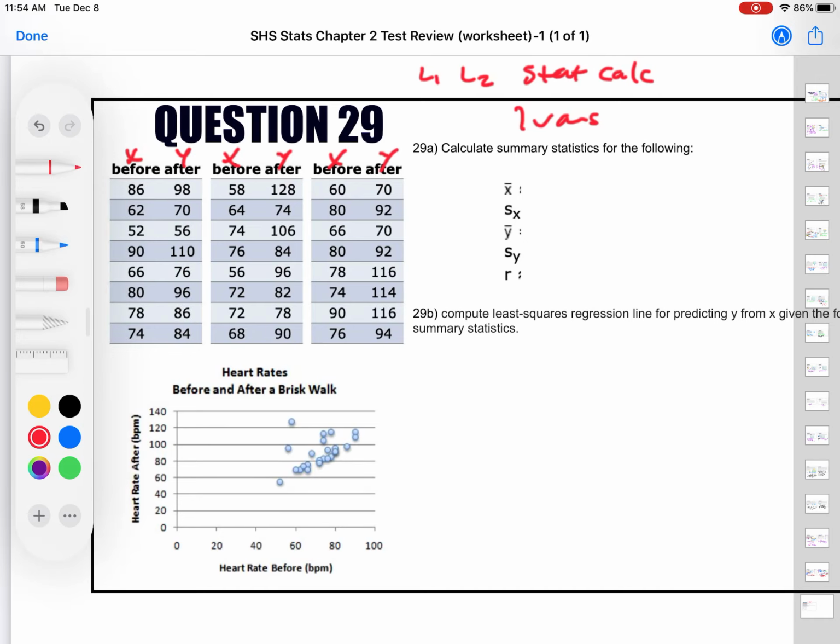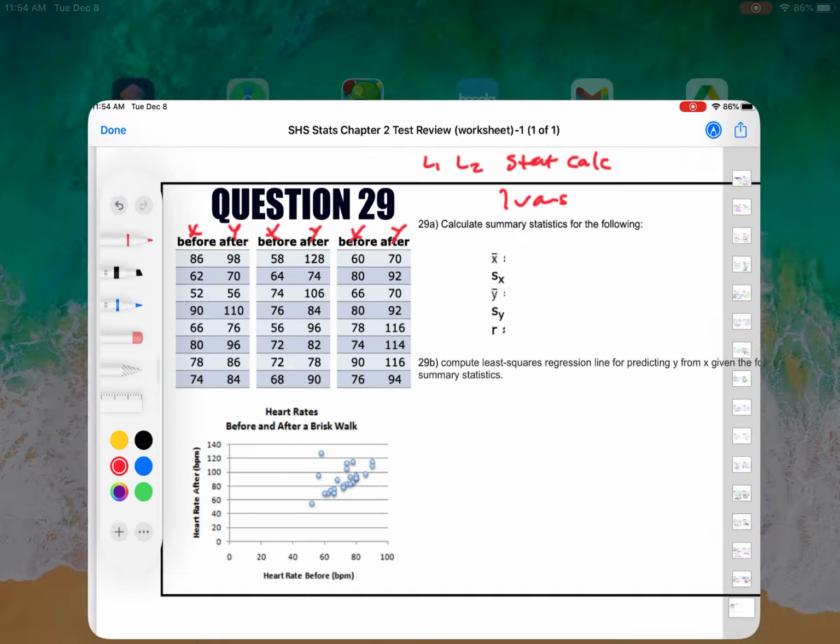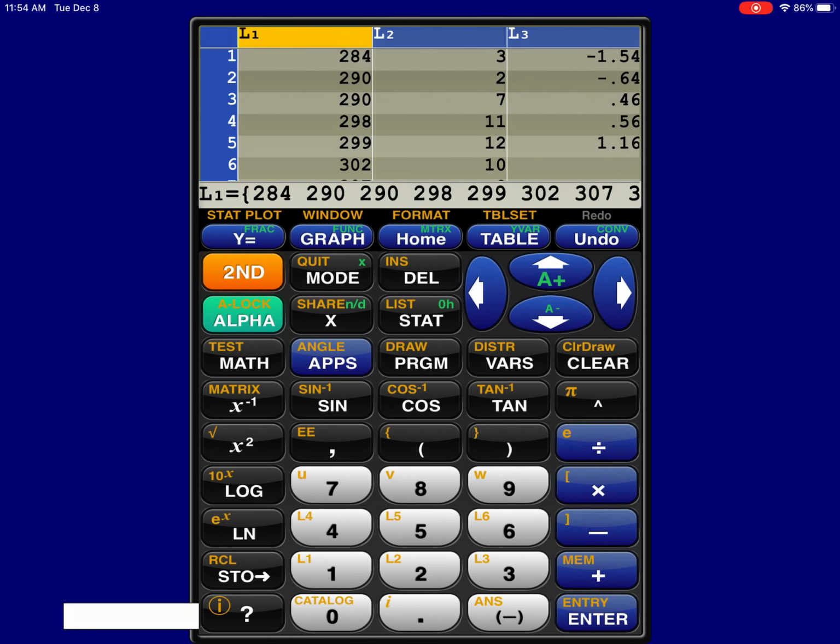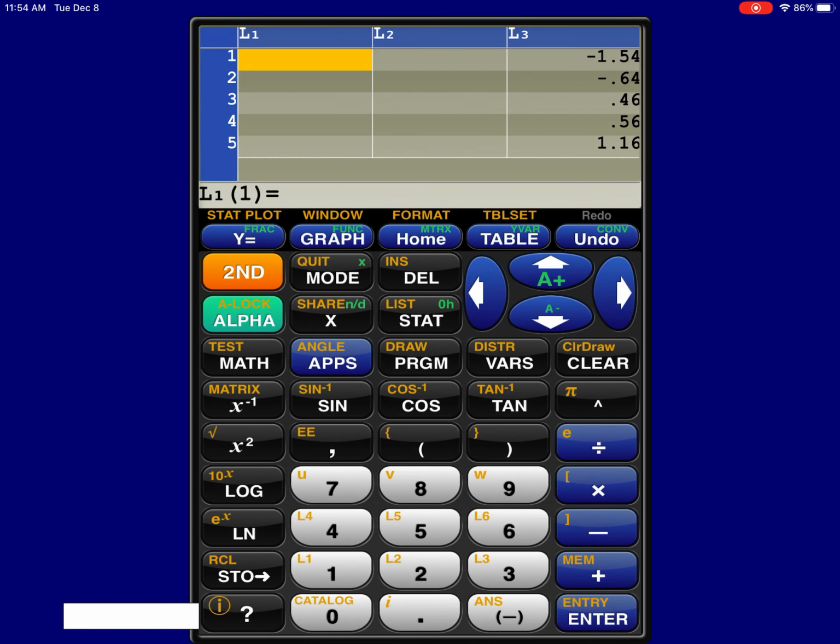Sorry, magnifying my numbers so I can actually see them. Clear.